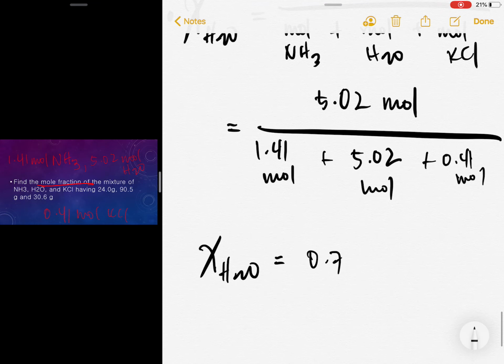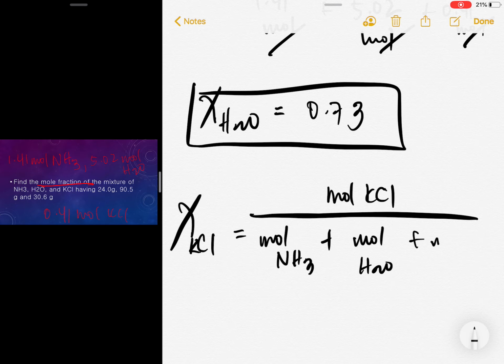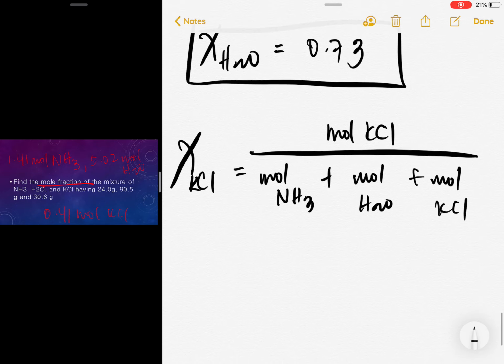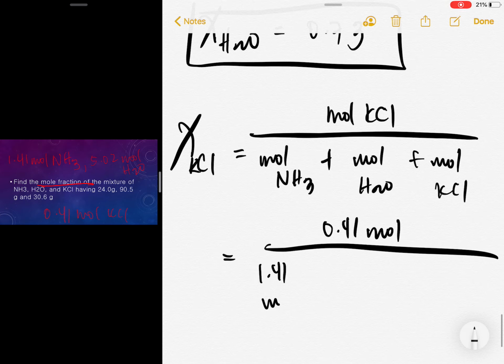Next, the last one, the mole fraction of your potassium chloride. So, the formula, ang nasa numerator na is mole na ni potassium chloride kasi mole fraction na niya ito. So, mole ni ammonia ulit plus mole ni water plus mole ni potassium chloride. Okay, substitute your values. 0.41 mole over 1.41 mole plus 5.02 mole plus 0.41 mole.